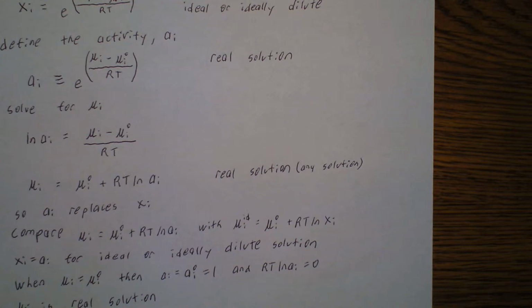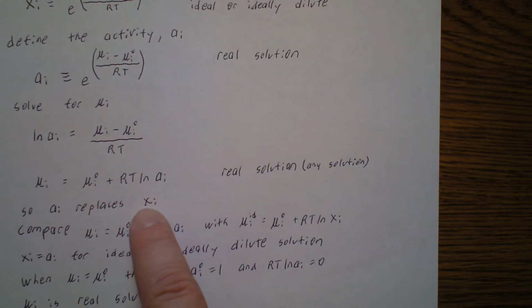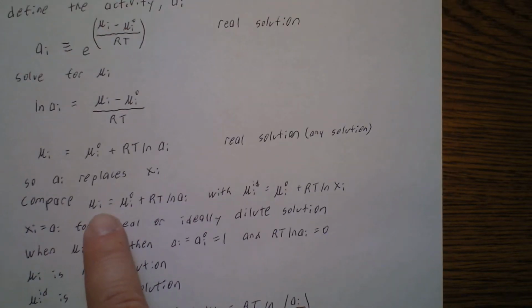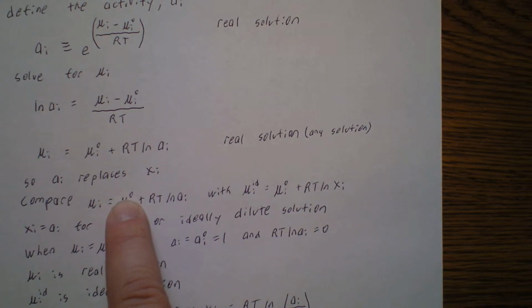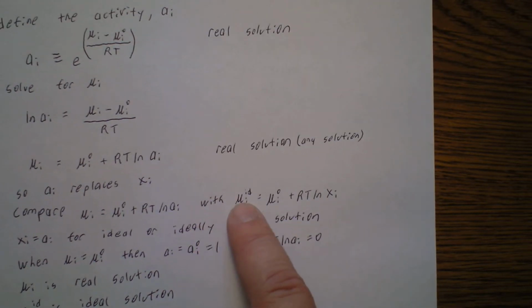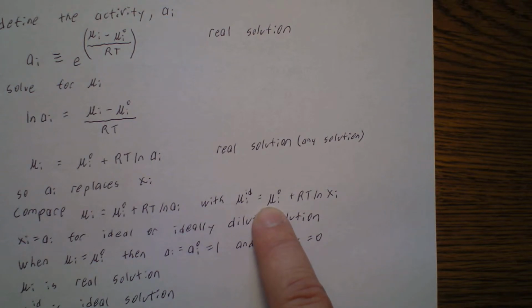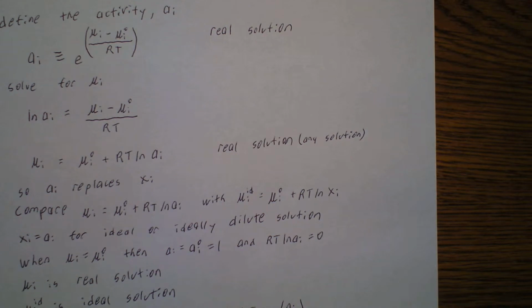So it's the same formula, just that the activity of the substance I replaces the mole fraction of the substance I. Now compare that, we have the chemical potential of the substance I is equal to the chemical potential I in the standard state plus RT times the natural log of the activity of the substance I, with the chemical potential I in an ideally dilute solution, or our ideal solution, and that's equal to the chemical potential I in the standard state plus RT times the natural log of the mole fraction.